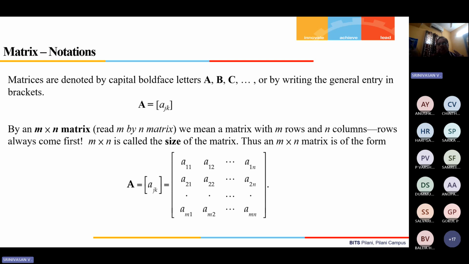There are n columns. Then a21, a22, etc., a2n, second row, first column, second column, nth column, etc. am1, am2, etc., amn. So mth row, first column, mth row, second column, mth row, nth column. So how many elements are there now? mn. Right? Suppose you have 2 rows and 3 columns. How many elements will be there? 2 into 3, 6.